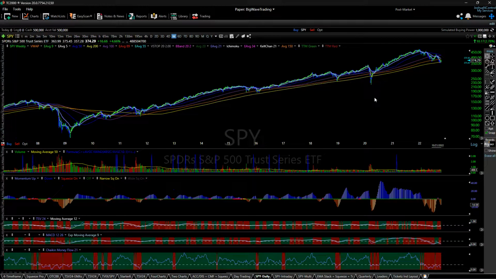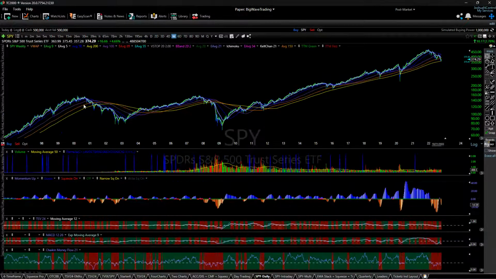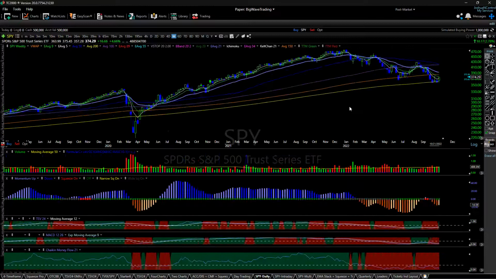On the weekly 200 SMA, you can see here, this is whenever you hit secular downtrends. When you go below the 200 weekly SMA, fail to get back above, break to new lows, secular downtrend. Are we below the 200 weekly SMA on the SPY? Have we failed on the way back up and rolled over? No. So as of right now, based on price, we have a cyclical bear market.